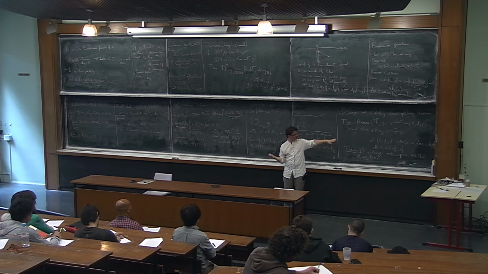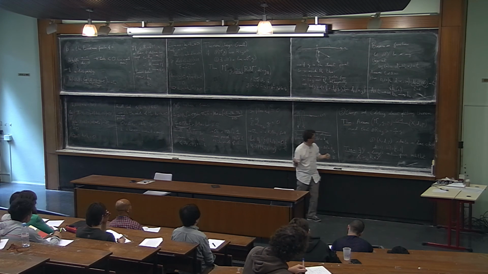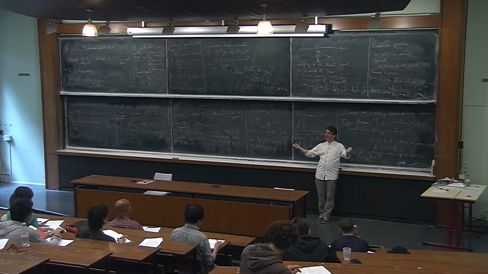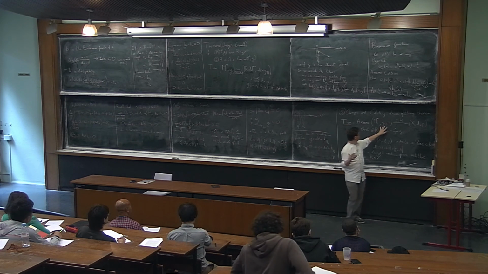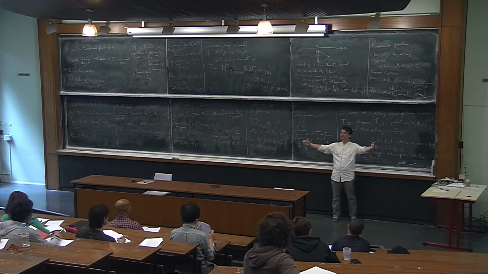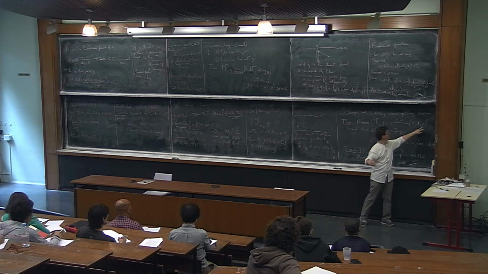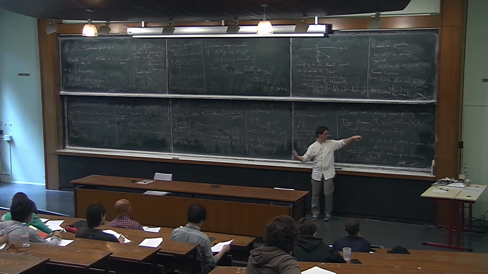So let's try to see what we can do. Let's assume that we want to prove the theorem, and let's go back to the definition of Gromov-Hausdorff convergence. So we fix R and epsilon, and we want the balls around p_i of radius R to be epsilon-close to the ball of radius R inside X when i is big enough.